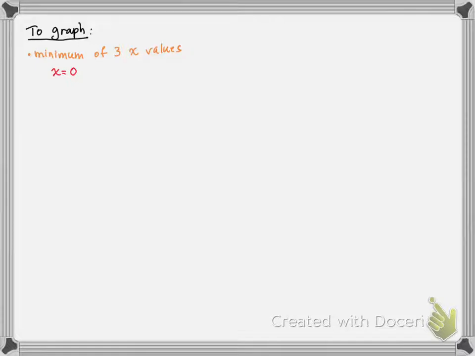So that would draw to the conclusion that y is going to equal your a value. So that's going to equal the y-intercept. Because when I plug in 0, I get out the a value. Okay?